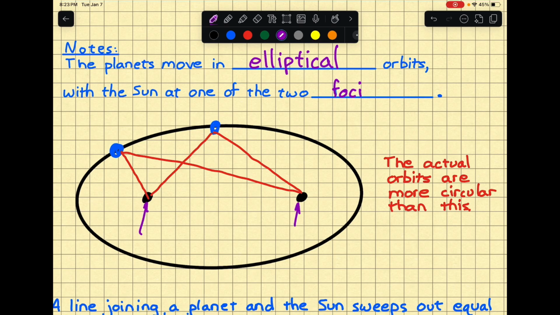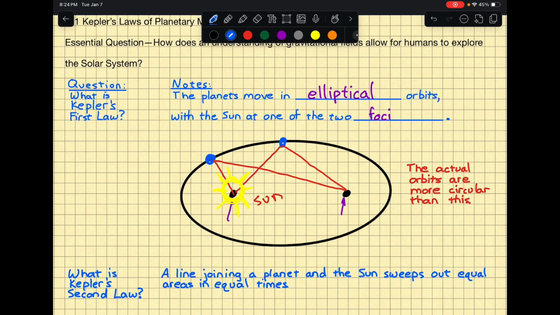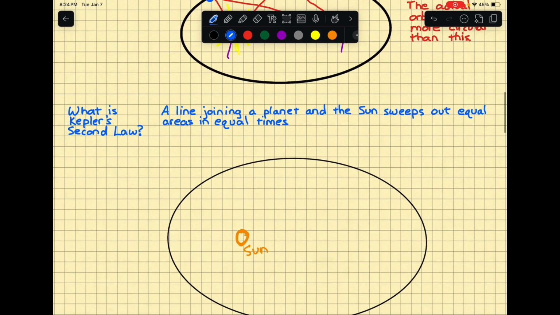I'll attempt to draw a yellow sun here, sitting at one of these foci. So that's really the extent of law number 1: the planets move in elliptical orbits, not in circular orbits.